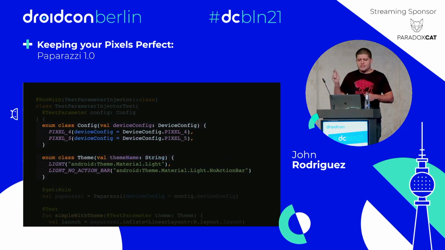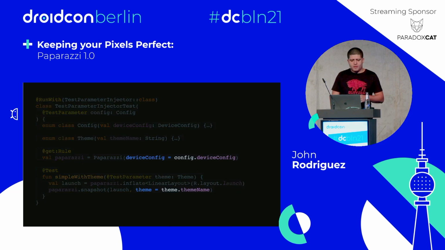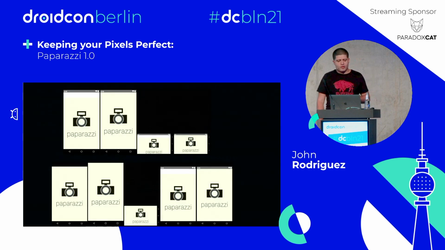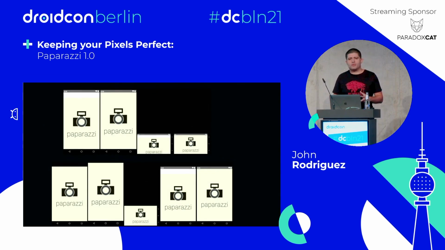And this is how we'd set up the enum. And that's how we would pass, in every iteration of that test method call, the appropriate parameters for the theme and the config. And we would now get a web page that shows us both theming with the action bar or without the action bar, or on different landscape devices, like so.